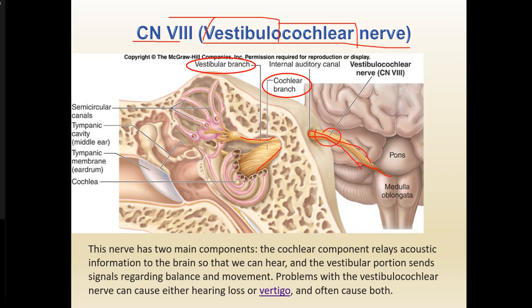And vertigo is like loss of your balance, feeling out of balance. It's a very, very complex situation. Okay, so the vestibular branch over here and the cochlear branch, they serve the cochlea and the vestibulum. That's why they are called that way. And so they regulate not only hearing, but also balance.